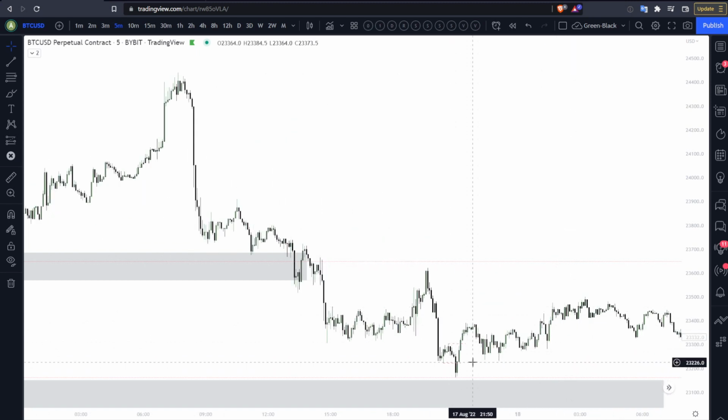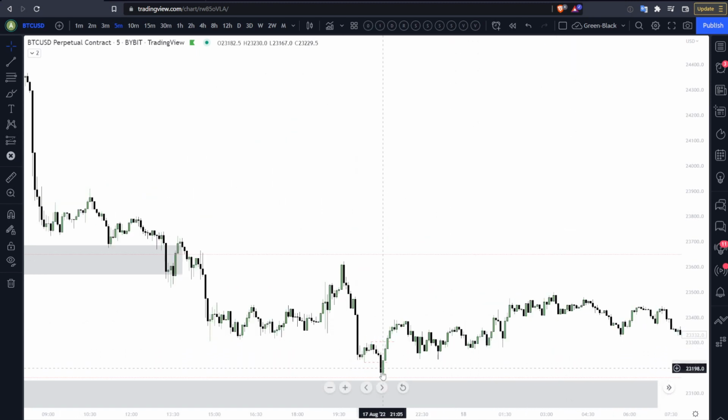However, what I did notice is the change in market structure in the area where I was expecting a bounce.